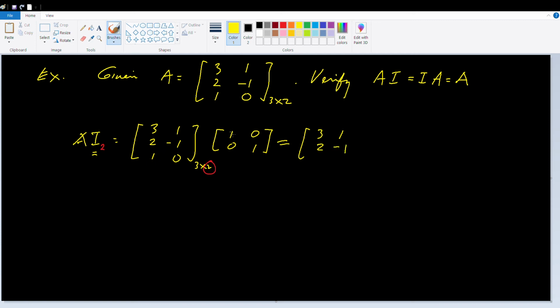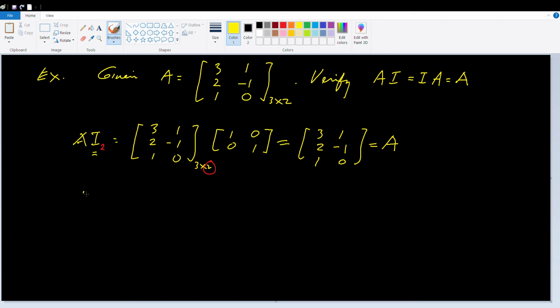Third row, first column: 1 times 1 plus 0 times 0 is 1. And finally, third row, second column: 1 times 0 plus 0 times 1 is 0. And we see that this is equal to matrix A.